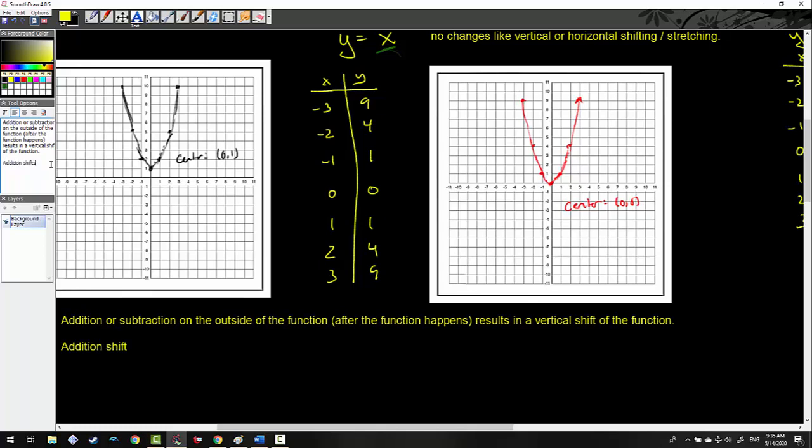Addition shifts the function upward. Subtraction shifts the function downward.